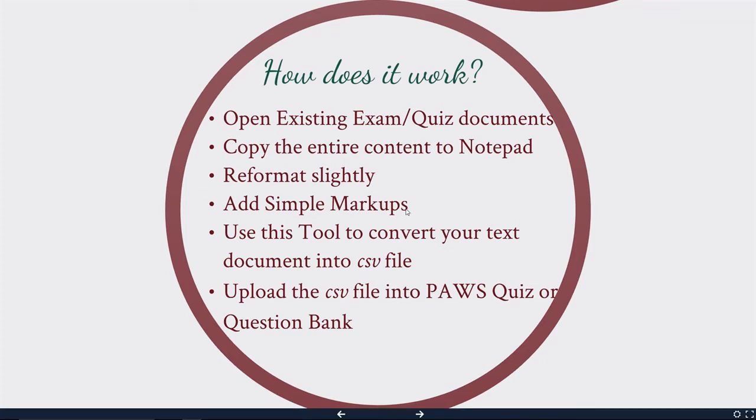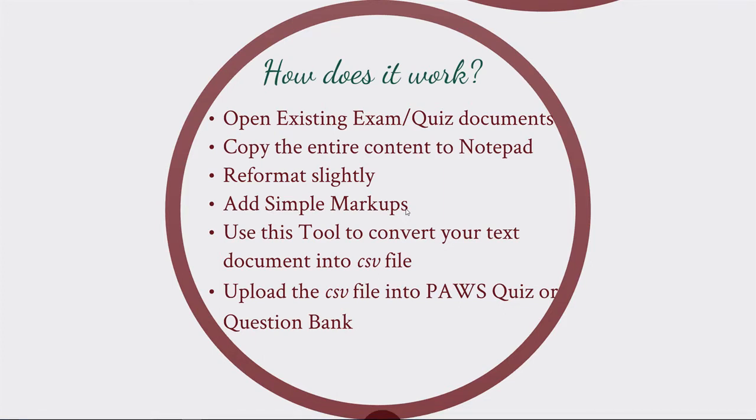Once you do it, you do a little bit of modifications in the Notepad files. We'll also show you how to do the modifications, not too much. Once you finish the modifications, you use the tool. Remember the tool that we are talking about. You use the tool to convert this Notepad file into another type of file called CSV file, meaning that is the extension of the file, CSV.